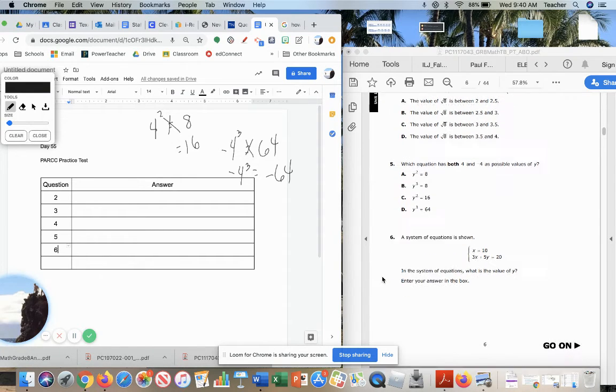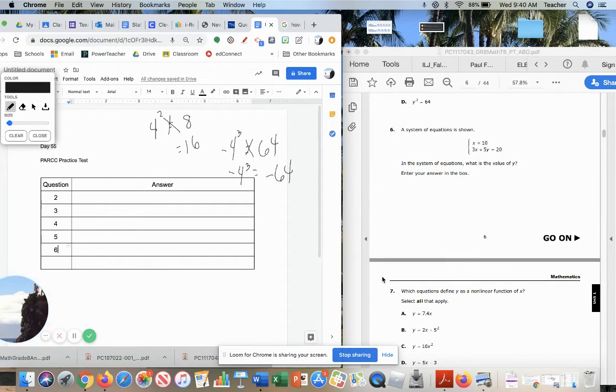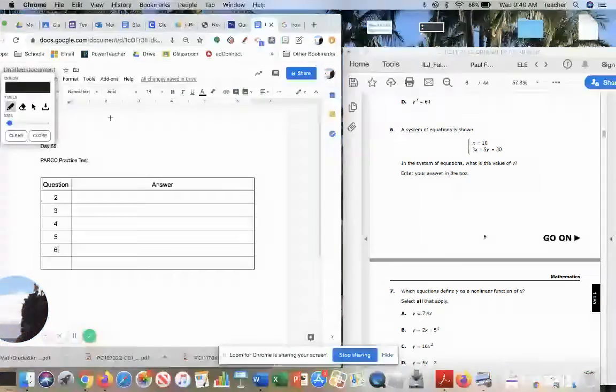All right, and then the last one is number 6, system of equations. They give us x, and they want us to find y. So you remember substitution? So if x is 10, then I can just plug this 10 right here, and instead of 3 times x, I get 3 times 10, because they tell me x equals 10.